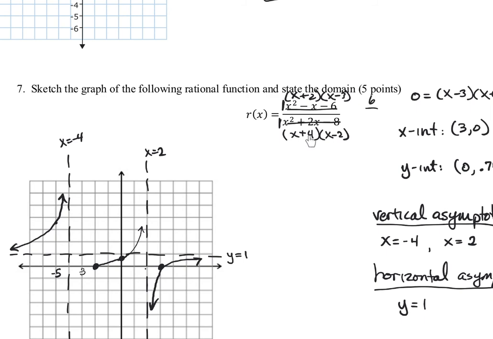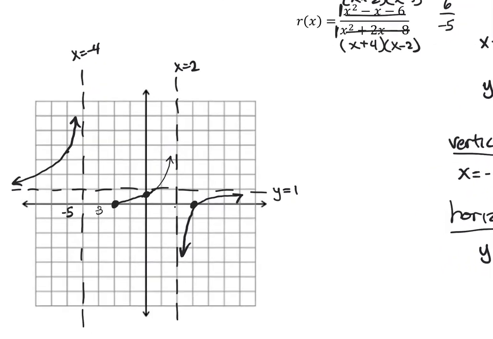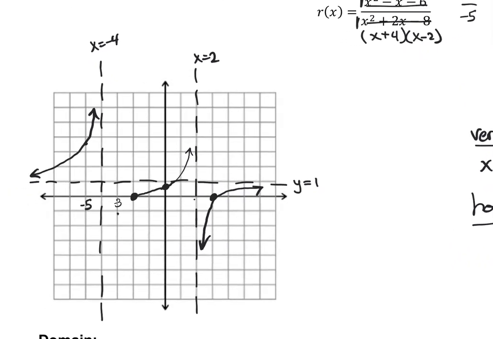Here, -3 plus 4 is +1. -3 minus 2 is -5. 1 multiplied by -5 is -5. So 6 divided by -5 is -1 point something. So right about right there, which means the graph would head down to negative infinity.